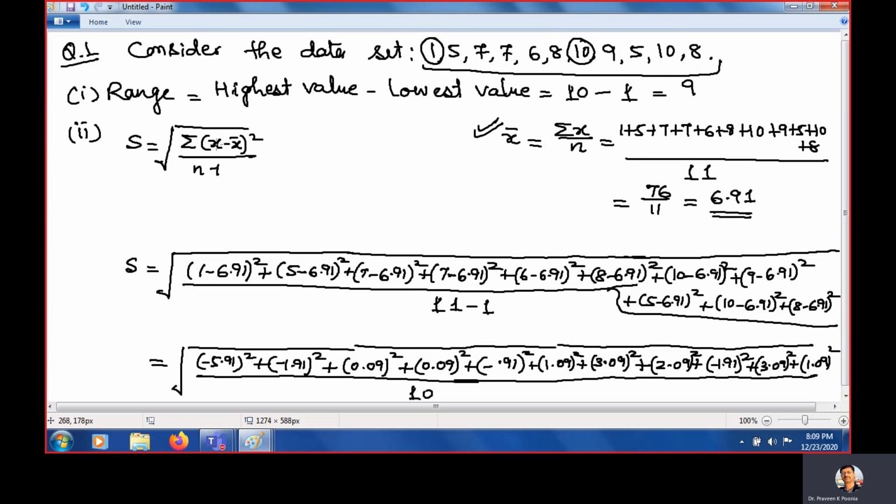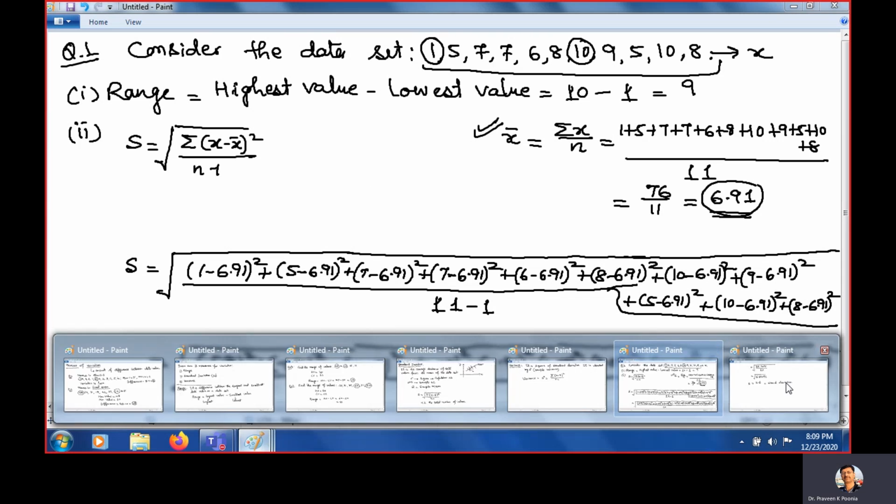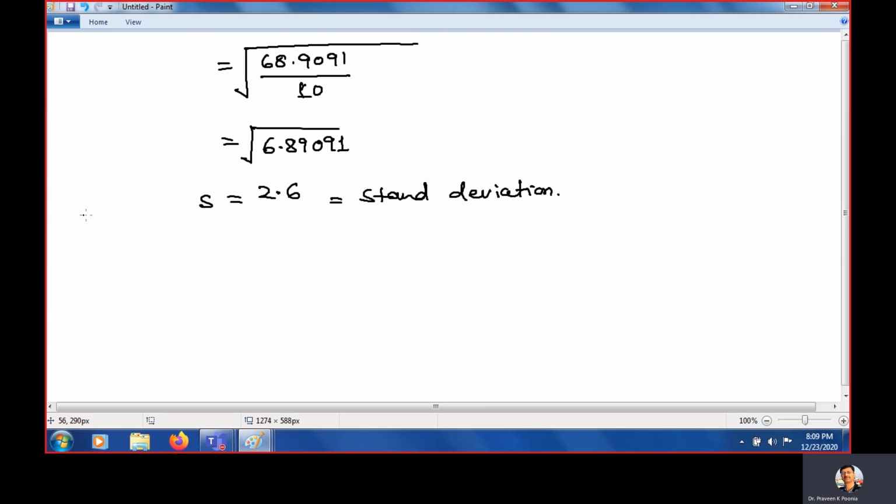Now you need to, it is x minus x bar. These values are x and this is x bar. So you need to subtract this 1 minus 6.91, 5 minus 6.91, but it is with power 2. Clear? So that we can get the positive answers. So if you square, you can use calculator and make the squares, then you will get this answer as this one.